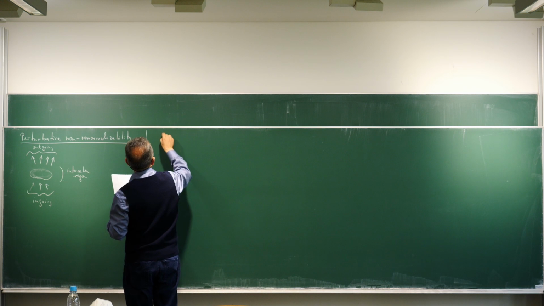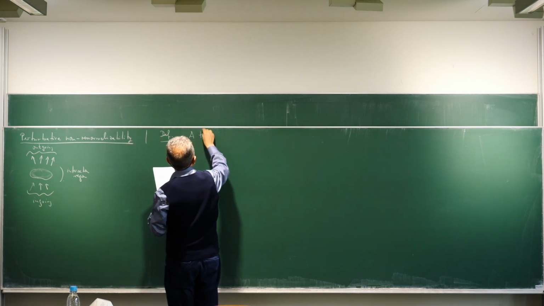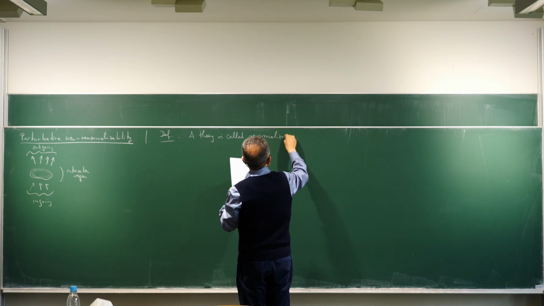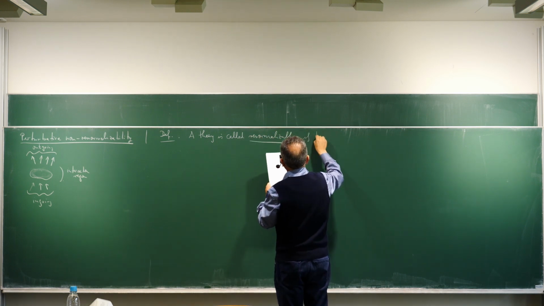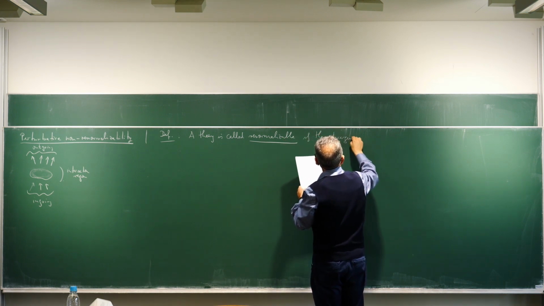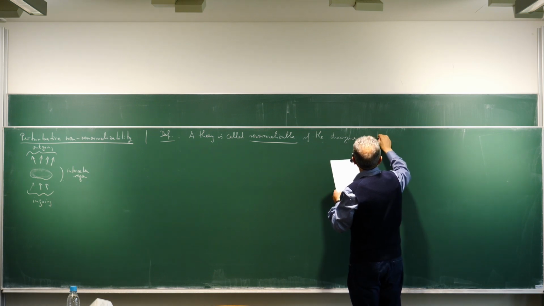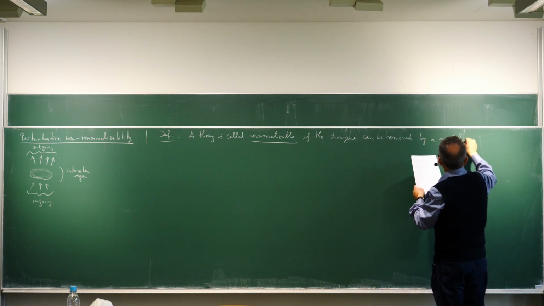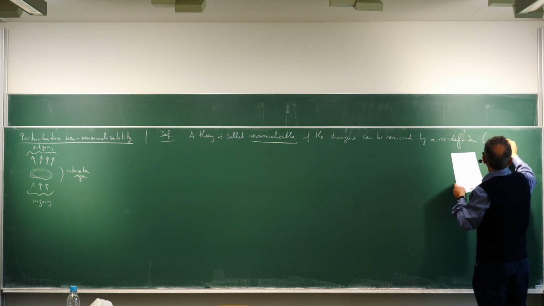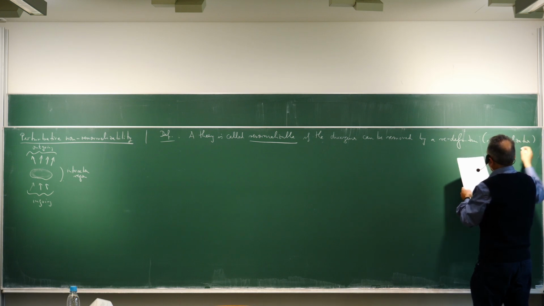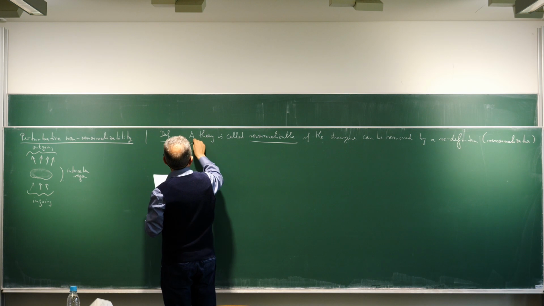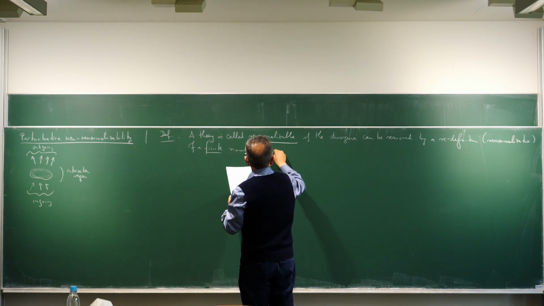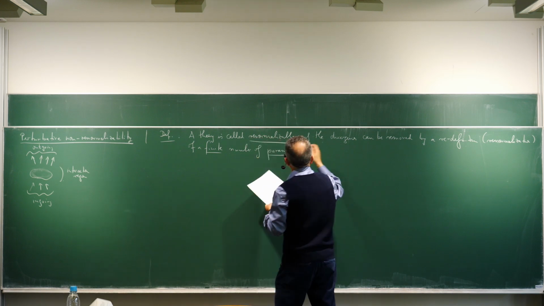So a theory is called renormalizable if the divergences in quantum field theory can be removed by a redefinition, which is what we call renormalization, of a finite number of parameters of the theory.